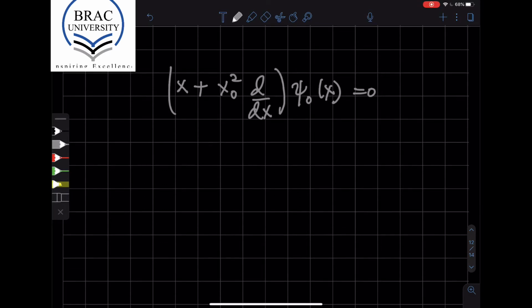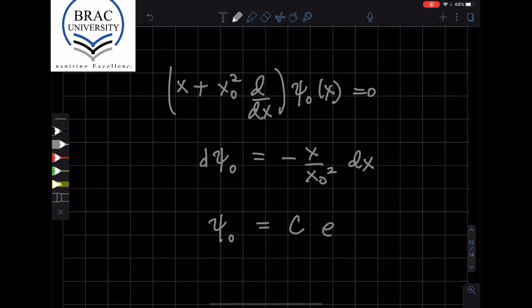To solve this, we write d psi 0 is equal to minus x by x0 squared times dx. If we integrate this equation, then we get a log, and if I take the antilog, we get a constant c multiplying e to the power minus x squared by 2 x0 squared.